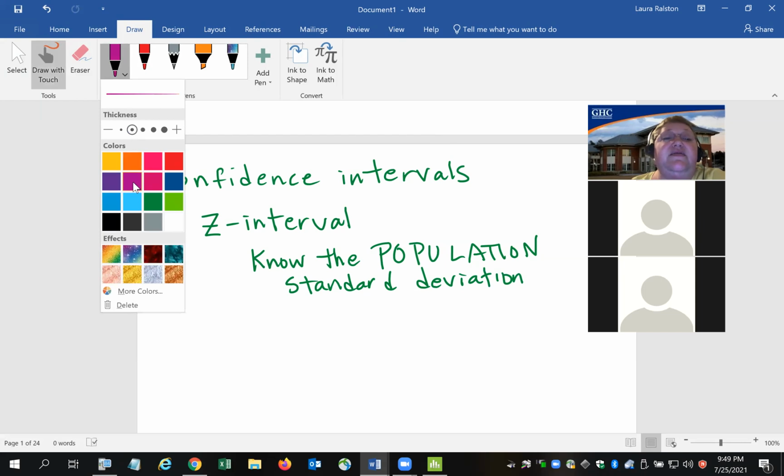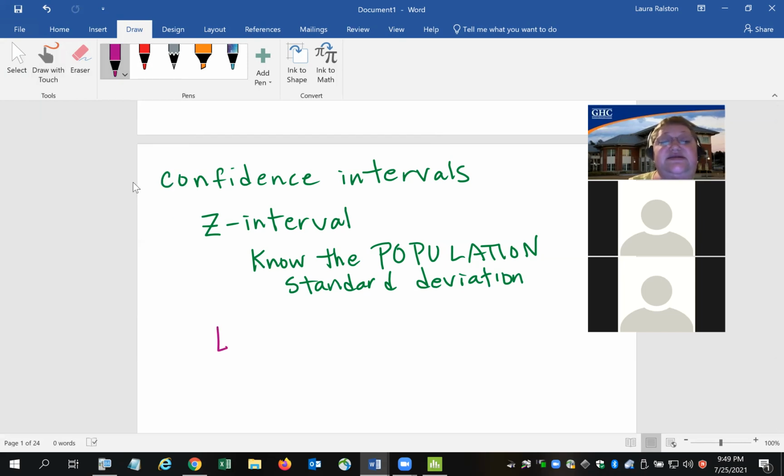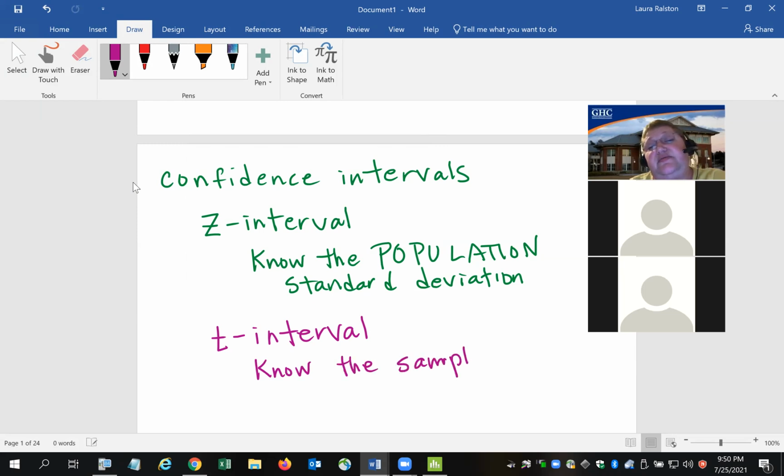But in the example that I just did for the T interval, we know the sample standard deviation.